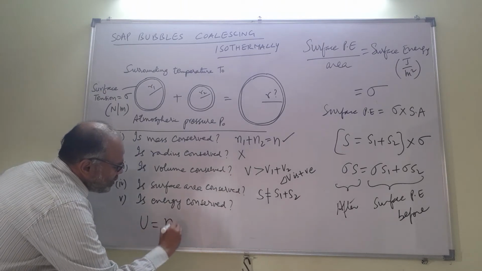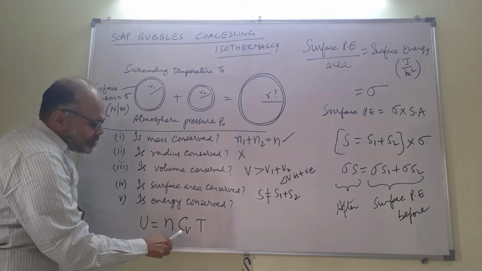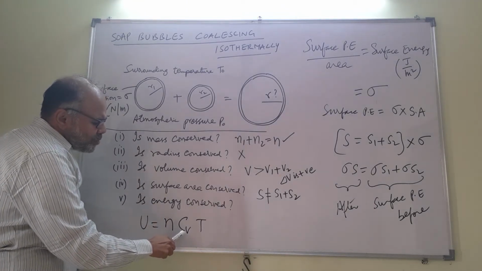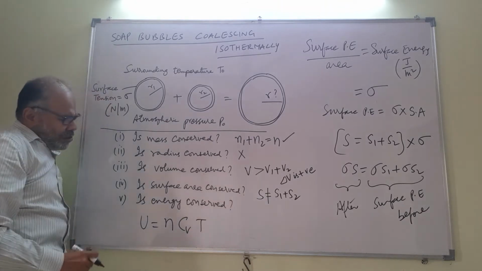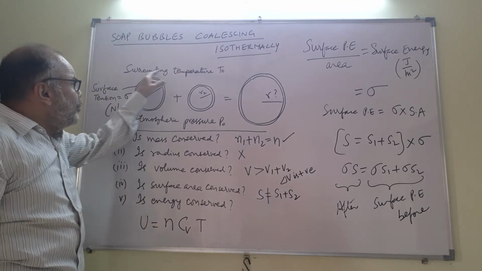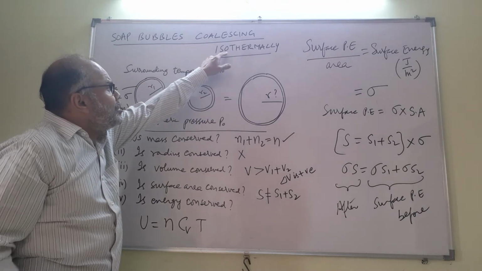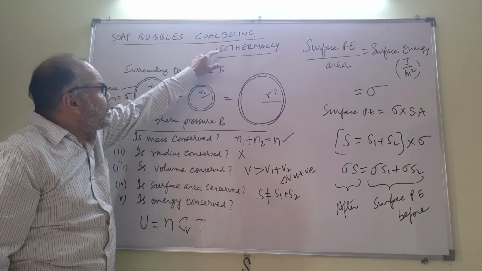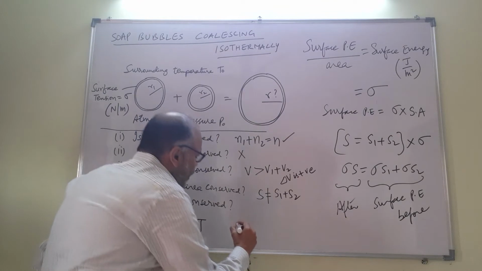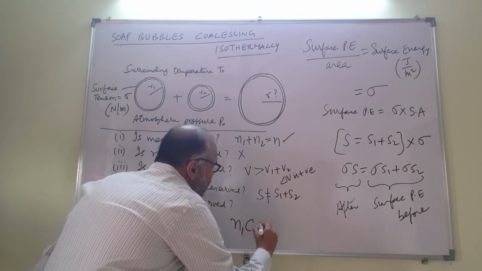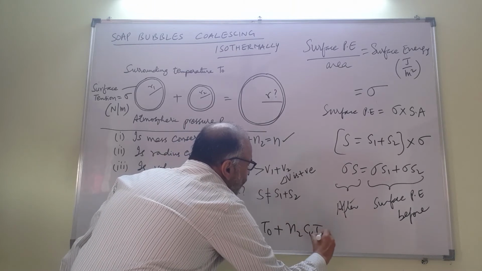The internal energy U is given as N CV T, where N is the number of moles, CV is the molar specific heat at constant volume, and T is the absolute temperature. Since the surrounding temperature is T naught and the coalescing is happening isothermally, the temperature doesn't change. So the initial internal energy is N1 CV T naught plus N2 CV T naught.